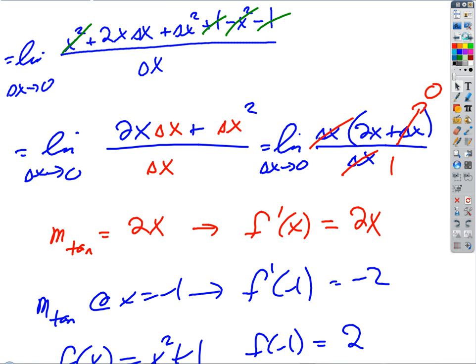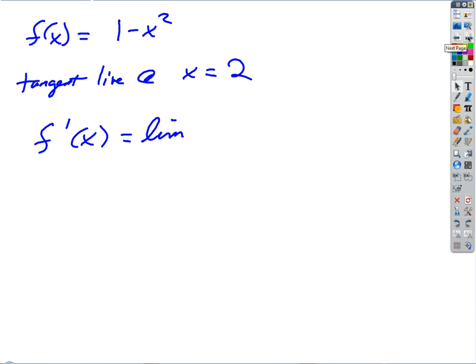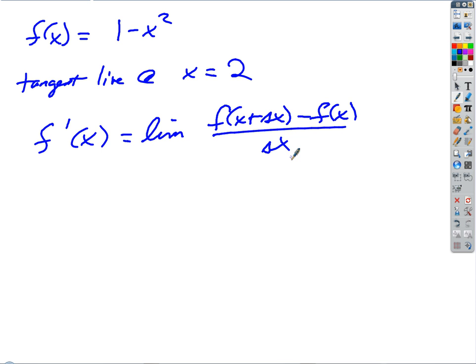We want to start with the general definition of a derivative. The start of every problem is the same: the limit of f of x plus delta x minus f of x, over delta x, as delta x approaches 0. Then we get specific. We start with the absolutely general, and then plug in the specifics.